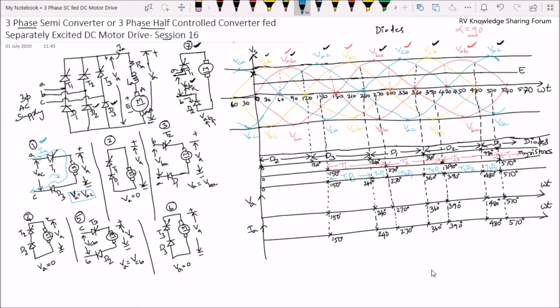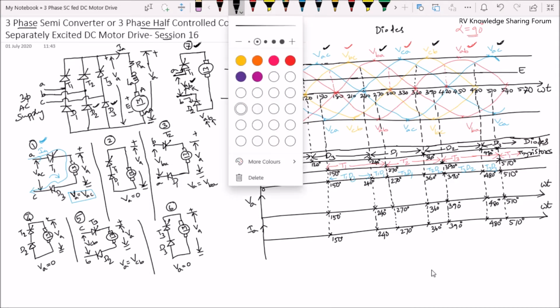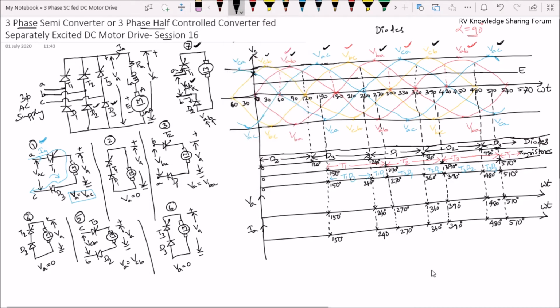Here the VAC, let me mark in black color, is the input line voltage. From 150 degrees to 240 degrees, this is our VAC. We have to follow just this trace, and this will be our output voltage.